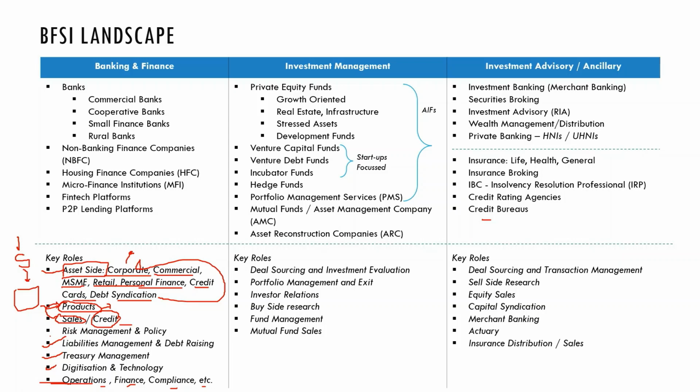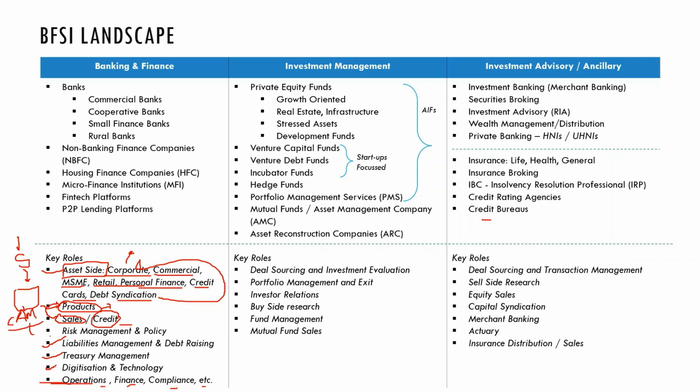So there could be a scorecard based credit underwriting. Nowadays there are algorithm based credit underwriting as well. When the underwriting is done, then a CAM is prepared, which is the credit appraisal memorandum, which has all the details about the borrower and the loan.